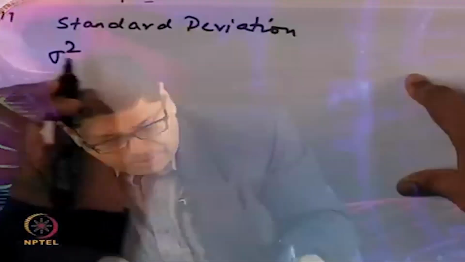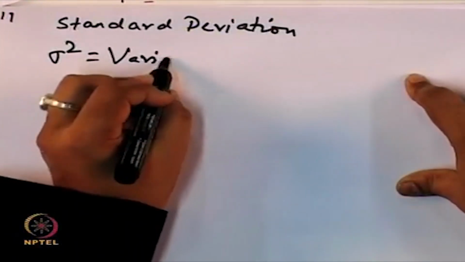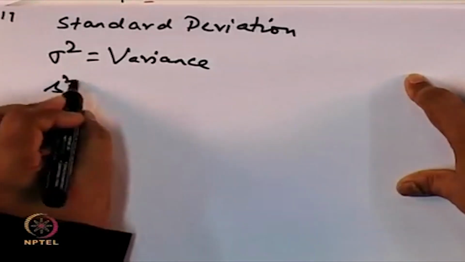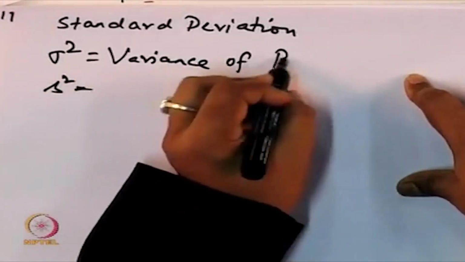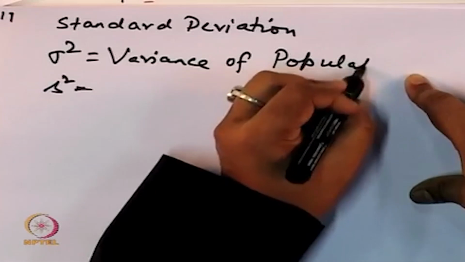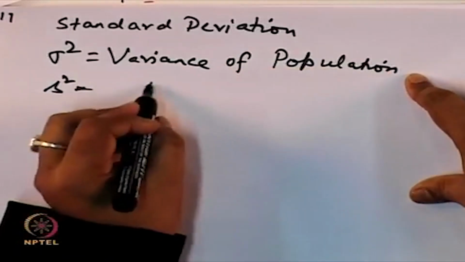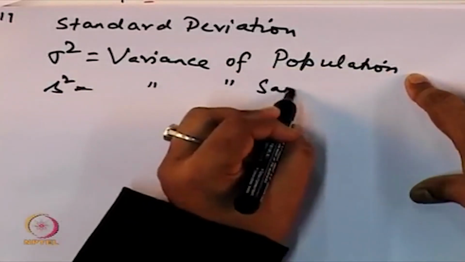Okay. And variance: sigma square is the variance of the population, and S square is the variance of the sample.